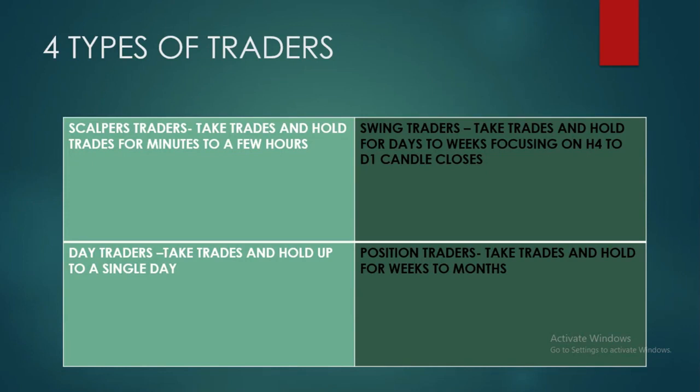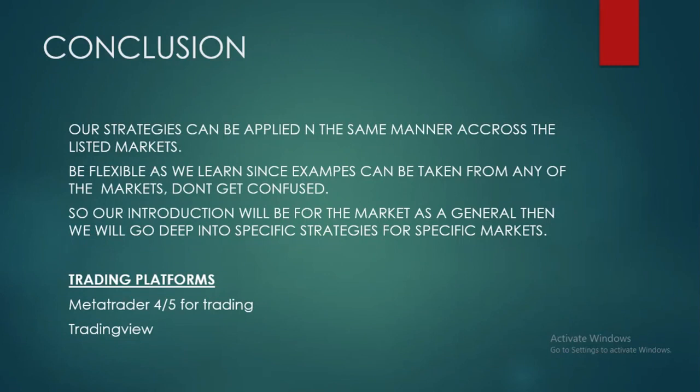Then as we conclude on these lessons, basically our strategies can be applied in the same manner across the listed markets, right? Though we'll have some few differences or some things that we'll just add for specific markets in our trading. But the basics or the foundation will be applicable in all the markets.